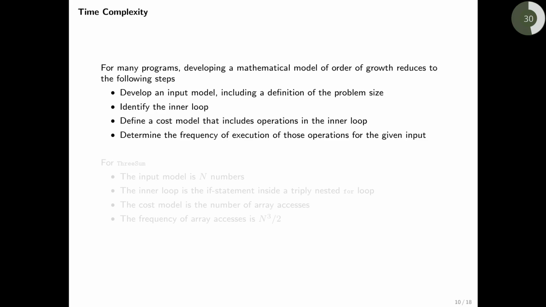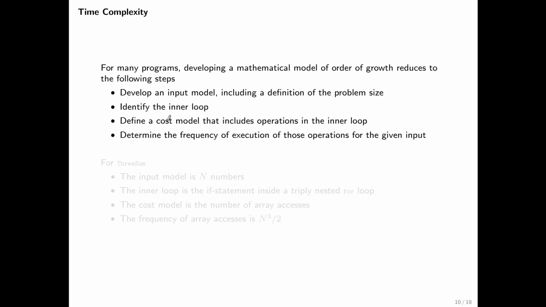Now for many programs, developing a mathematical model of the order of growth boils down to the steps shown here. You need to develop an input model, which includes the definition of the problem size, and then you need to identify the innermost loop in your program.